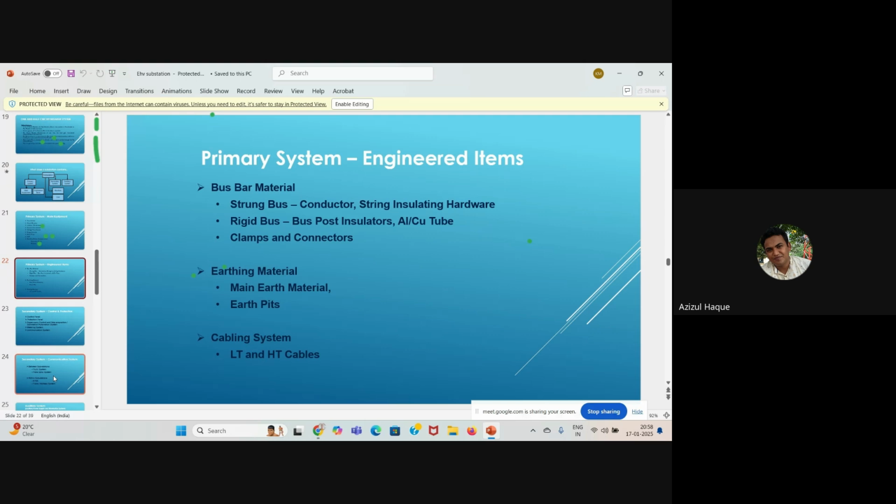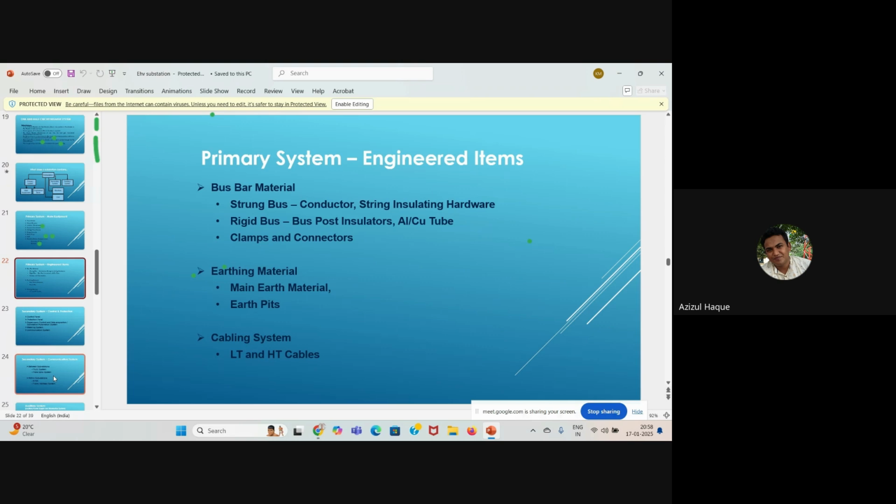If it is a rigid bus, it means the main bus is made of aluminum tube instead of flexible conductors. It is made up of aluminum tubes, that's why it is called rigid bus. In that case, we have to keep the bus in an upward position, horizontally at the relevant height, maybe 8 meter or 15 meter.